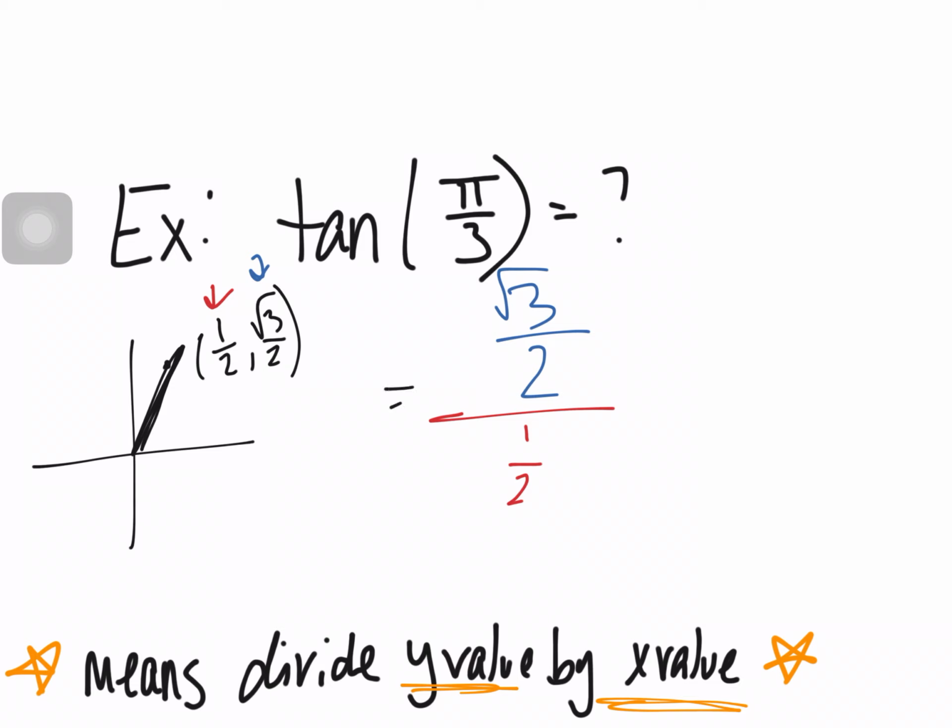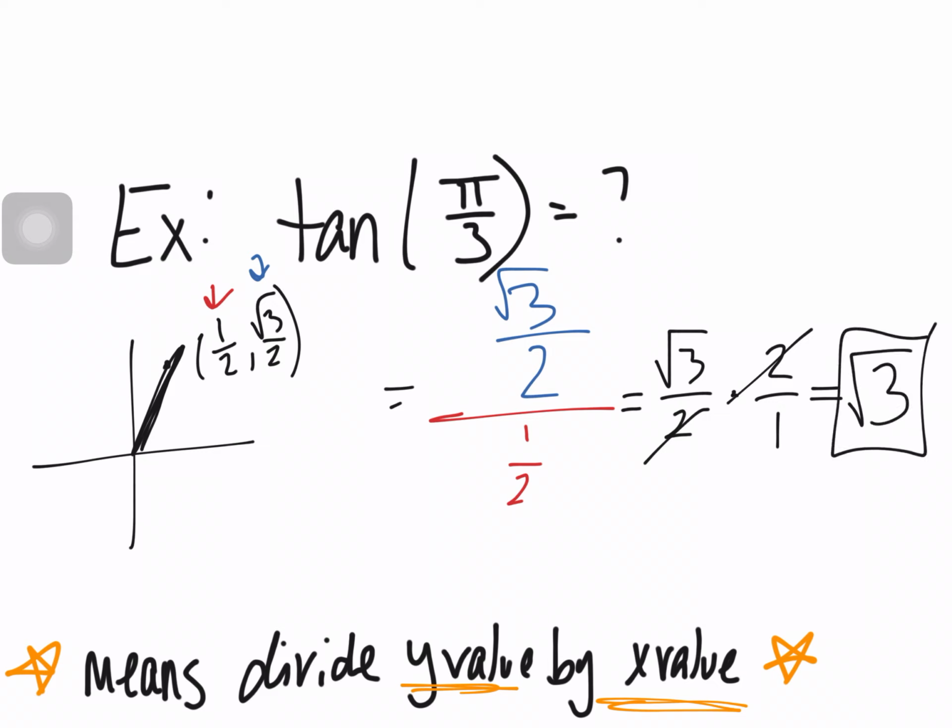I know pi over 3 is the third angle in this quadrant, so that helps set up my coordinate point: it is 1/2 and then root 3 over 2. So now I'm going to do my y value, root 3 over 2, divided by my x value, divided by 1/2. And that's what tangent of pi over 3 is going to equal.